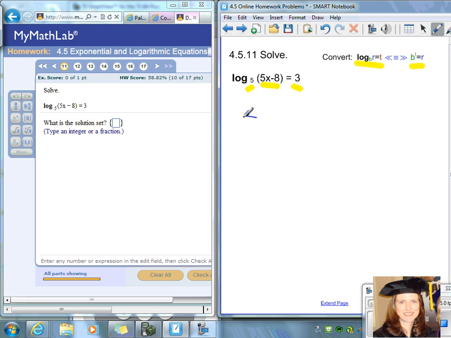This is the same thing as the base of 5 raised to the third power equals 5x minus 8. Now this is a simple equation. Evaluate 5 to the third power. That's going to be 125 equals 5x minus 8.